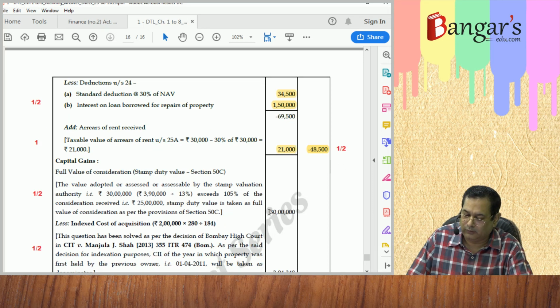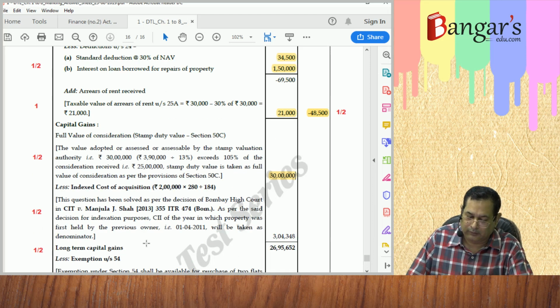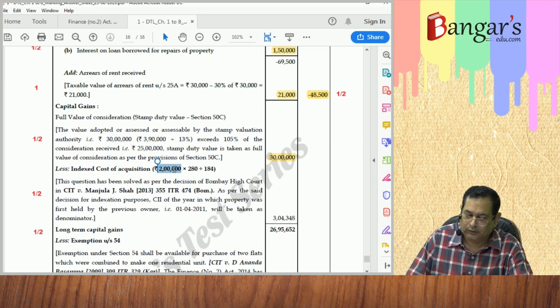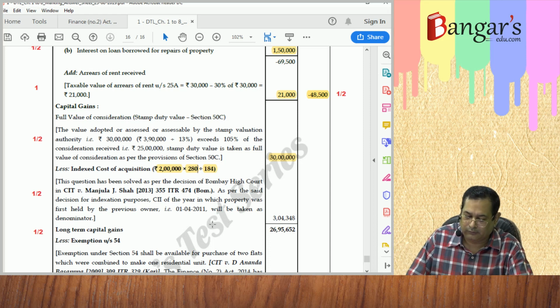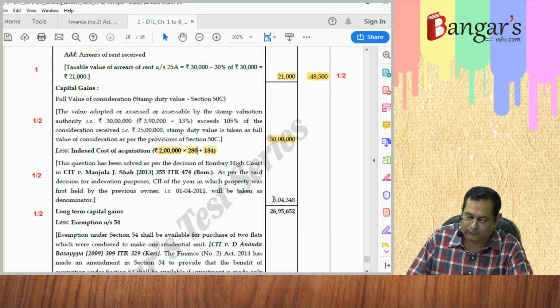The stamp duty value will be regarded as the full value of consideration, and here the cost to the previous owner, that is 2 lakh rupees, will become his cost. Whenever the previous owner acquired the property, the indexation will be taken from that year, as per Manjulal J. Shah's case, that is the index cost of acquisition.